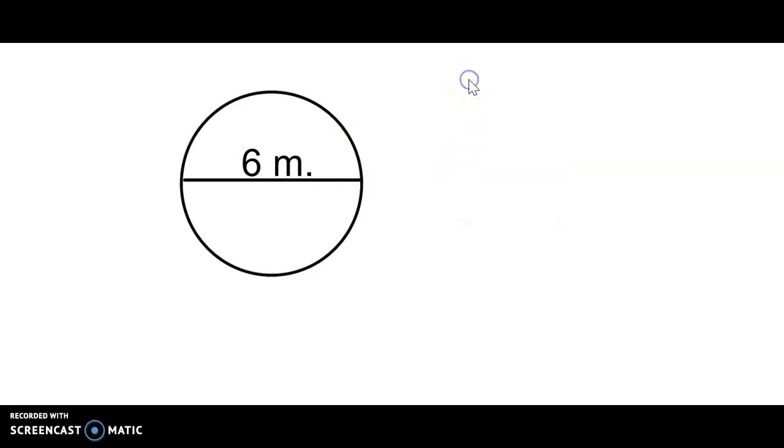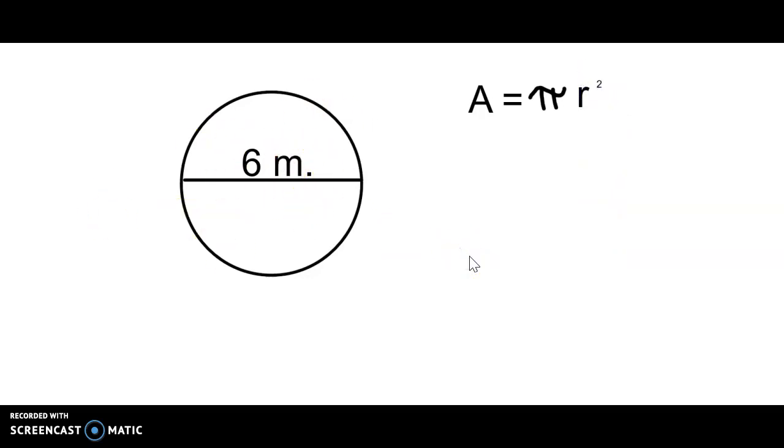I know that the formula is area equals pi r squared. But I don't have r in this circle.